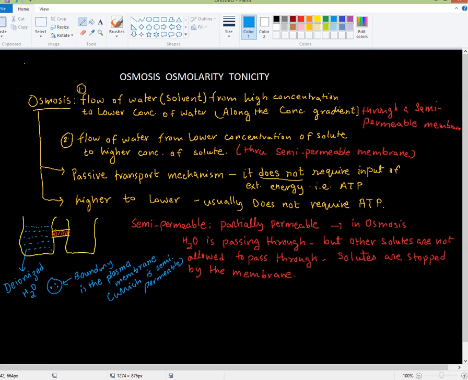So it's pure water. And this is A and this is B. In B there is water, but it is also mixed with some solutes.